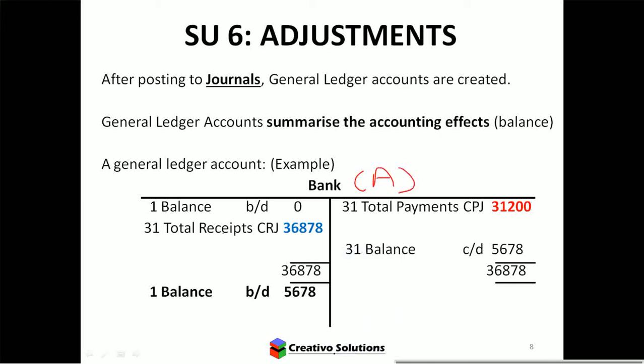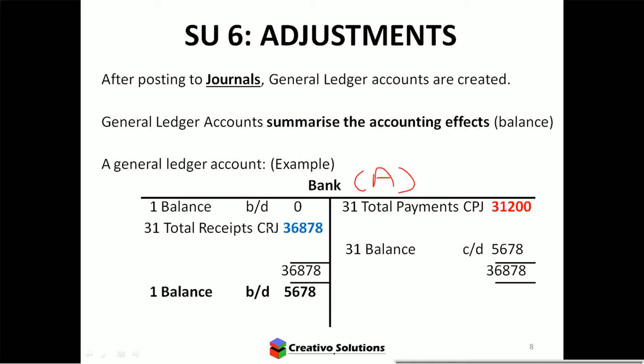So when I sell and more money comes into the business, then you would have more receipts. If money goes out in terms of payments for expenses, then you'll have payments. The difference between the two is the balance that we're going to carry down or bring down. How would you comment here on the performance of this business? Good or bad? Good.